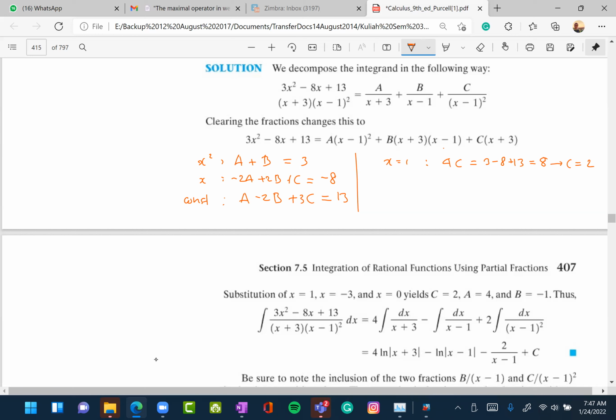Okay, and if you try to plug in x equals -3, so this cancels. Right. So if you plug in -3, this cancels also. This is 0, this is 0.